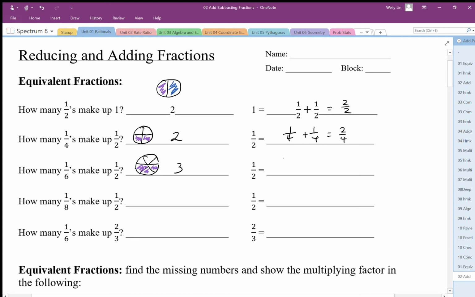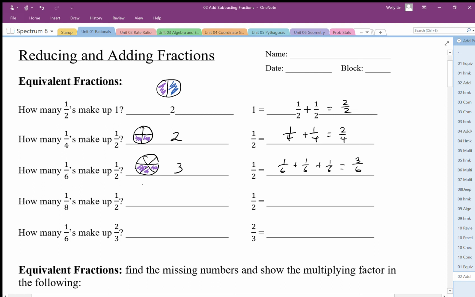It would look like this: 1 over 6 plus 1 over 6 plus 1 over 6. And that would equal 1/2, or 3 over 6. So 3 over 6 would then represent the equivalent fraction, and we can show the addition like this. Notice that when we add these fractions together, the denominator stays the same, it doesn't change, because the size of the pieces really isn't changing here.